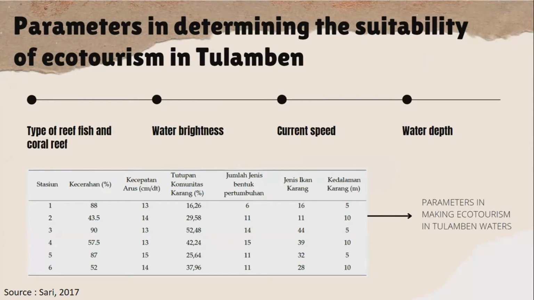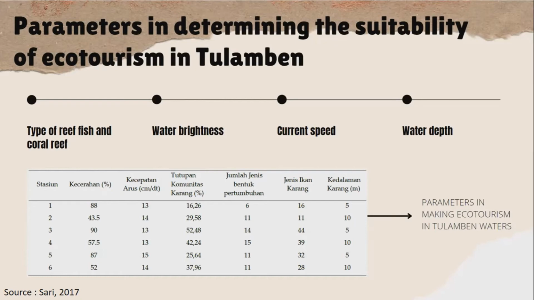Based on the table, the condition of coral reefs in Tulamben waters ranges from damaged to good. Damaged condition is found at the shipwreck with a depth of 5 meters, moderate condition at the shipwreck with a depth of 10 meters, and at the coral garden and drop-off with a depth of 10 meters. Coral garden at a depth of 5 meters is included in the good category.